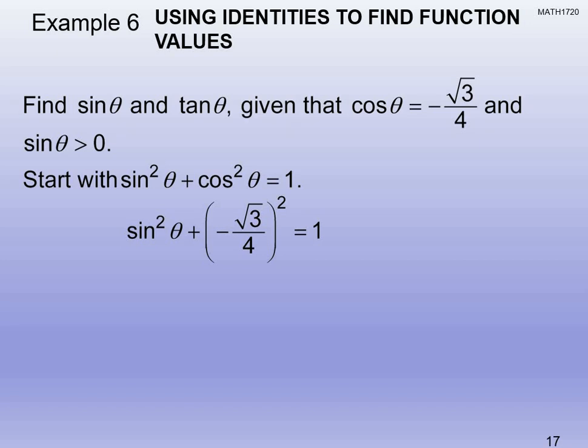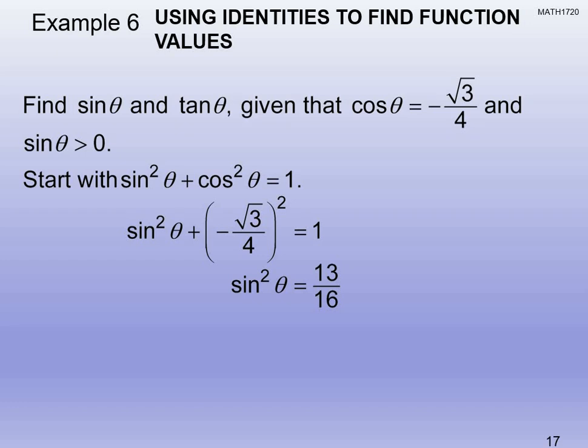So when we square this, we get square root of 3 squared is 3, over 4 squared is 16. So we end up with 3/16. So we're going to have sine squared theta plus 3/16 equals 1.